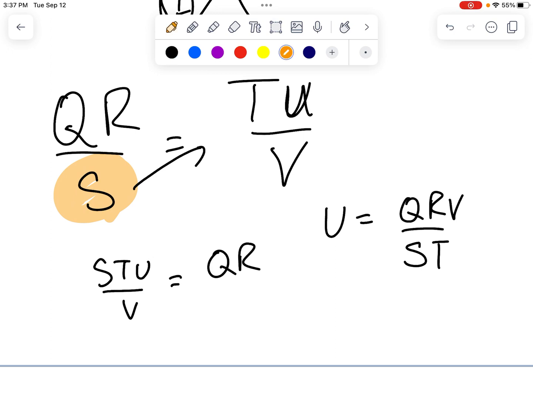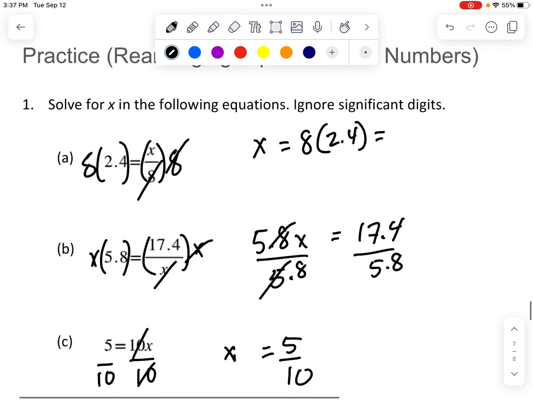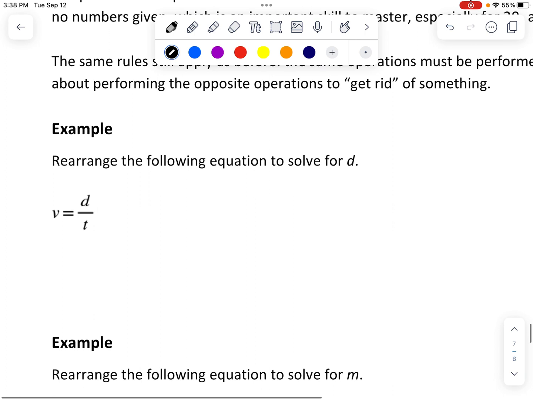And then I'm trying to solve for my S. So my T and the U are going to go down to the other side and V goes up. So S equals QR, and my TU go into the denominator and V goes up into the numerator. This is going to allow us to rearrange formulas like this.